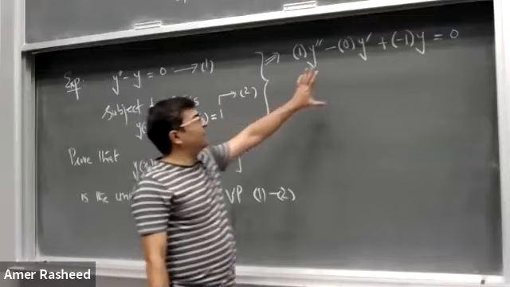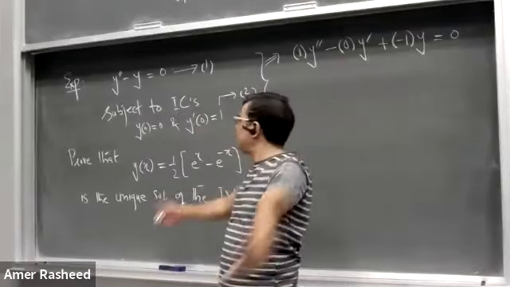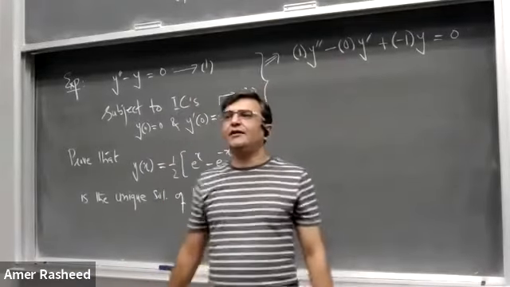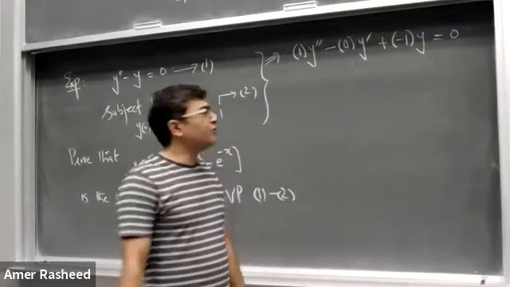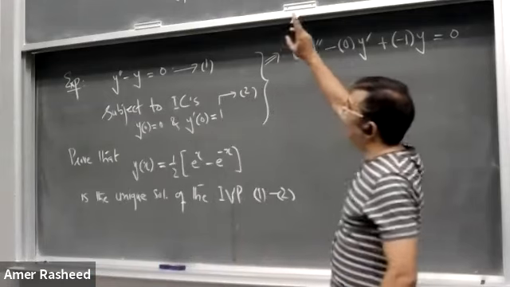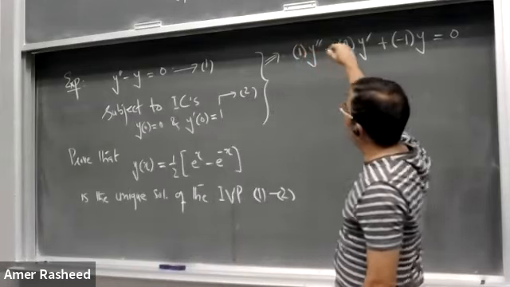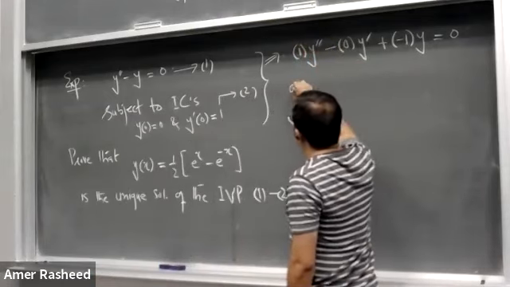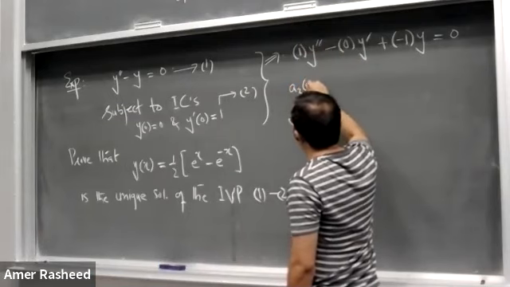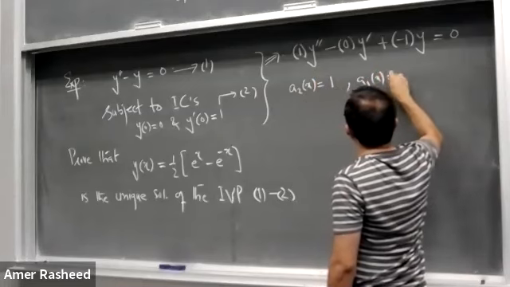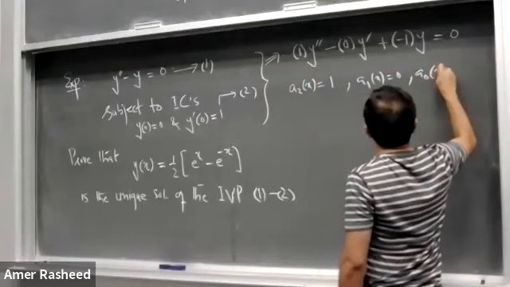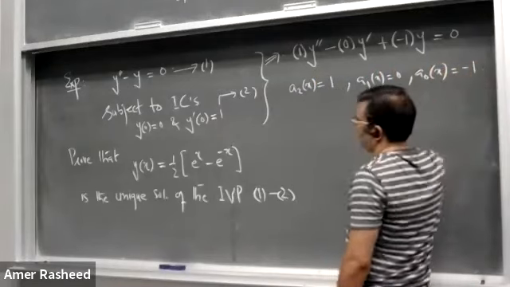We need to check whether this differential equation along with these initial conditions must have a unique solution or not. We need to check those two properties which I told you earlier. A2 of x is 1, A1 of x is 0, and A0 of x is -1.